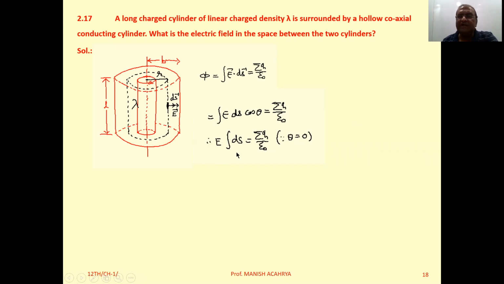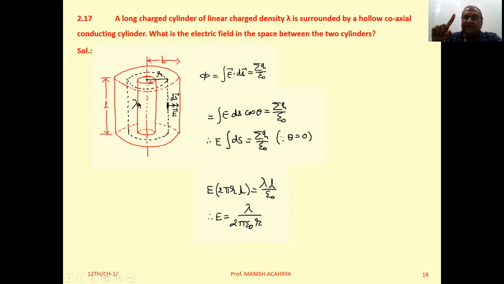Now integration dS will give you the total cylindrical surface area, so that is 2 pi rL. So we can write the left hand side as E into 2 pi rL. Now the charge enclosed by this Gaussian surface. Here the length of the cylinder under consideration is L, and the linear charge density is given as lambda.